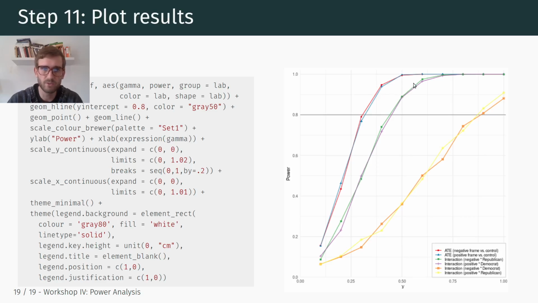And as I mentioned, we're assuming that the positive and negative frames have symmetric effects. We could, of course, assume that they're varying in size, but essentially that would just shift this line to one side or the other.